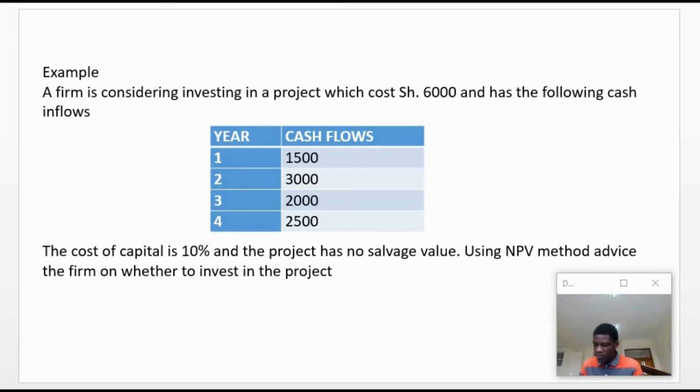The cash inflow of year 3 is 2,000. And lastly, the cash inflow of year 4 is 2,500. The cost of capital is 10% and the project has no salvage value. Using the net present value method, advise the firm on whether to invest in the project or not.